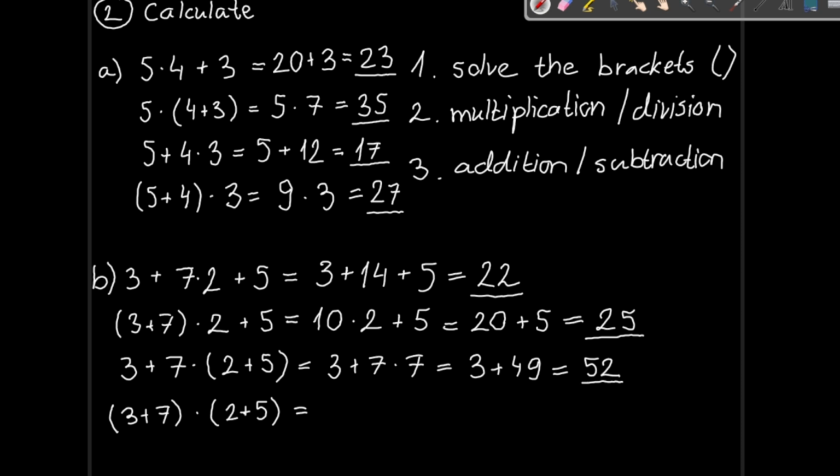And finally, we have two brackets here. So we just do these two brackets separately. First bracket 3 plus 7, that's 10. And the second bracket 2 plus 5, which is 7. And then we can just multiply these two. That gives us 70. And that's the final example here.